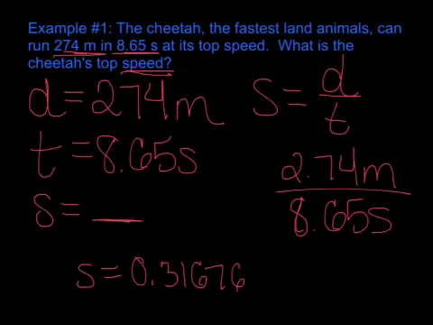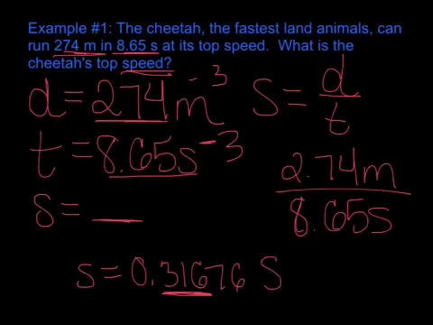I now need to decide how many significant digits my answer should have. 274, that's 3 significant digits. 8.65 is 3 significant digits, so my answer must have 3 significant digits.